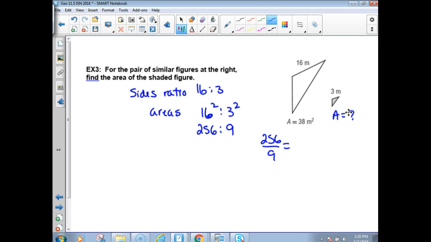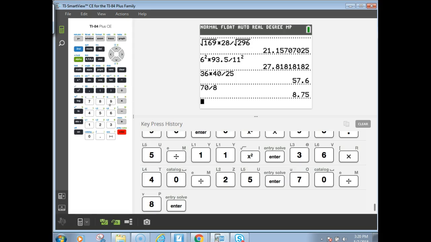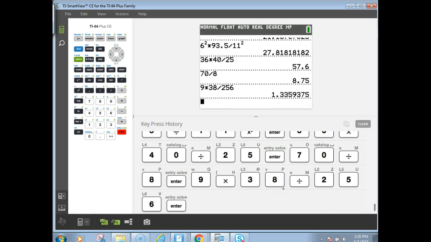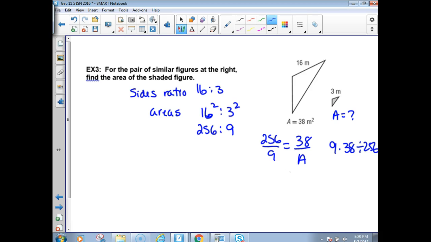Big to little, should be 38 over A. Now calculate, this is going to come out small, 9 times 38 divided by 256 is what we can type. 1.33, that's enough, 1.3. Area of that little one, quite small, 1.3 square meters.